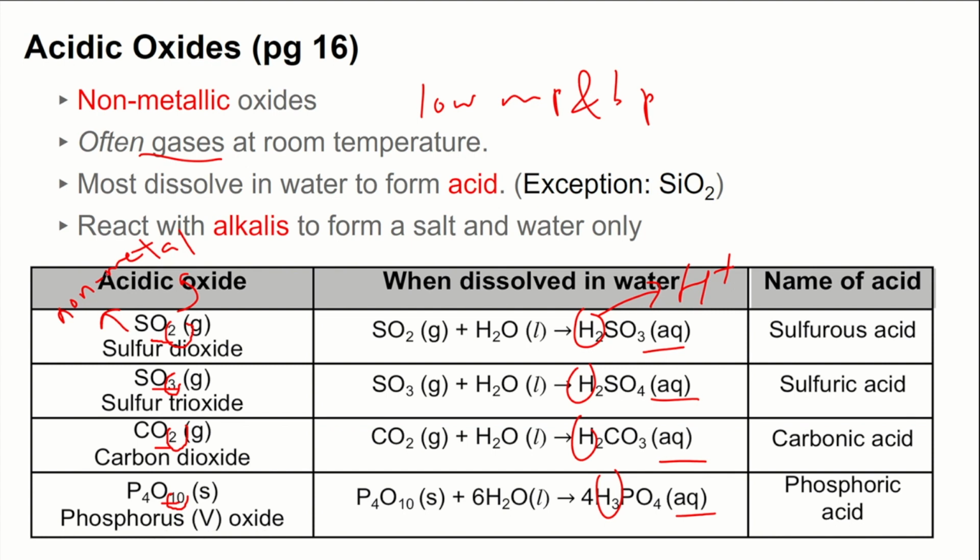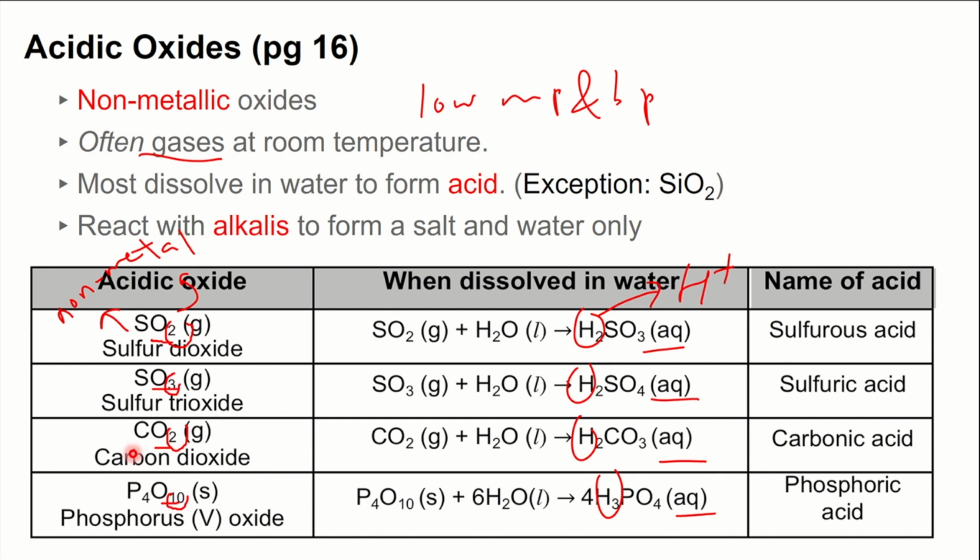Now, if you cannot remember, I want you all to recall, for example, carbon dioxide. You breathe out carbon dioxide. You recall, especially in the morning when you just woke up, your mouth is very dry, and your breath doesn't smell very fresh. That's why you need to brush teeth.